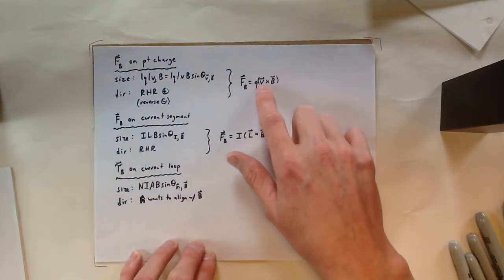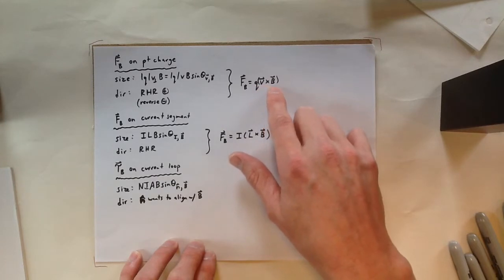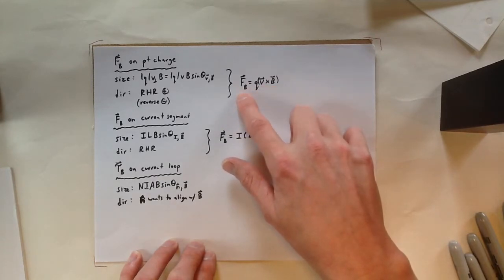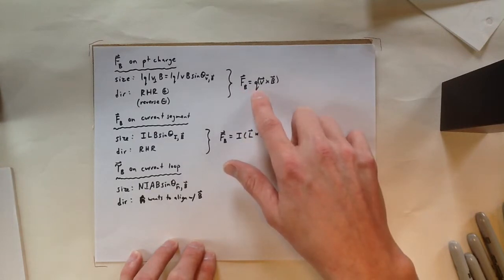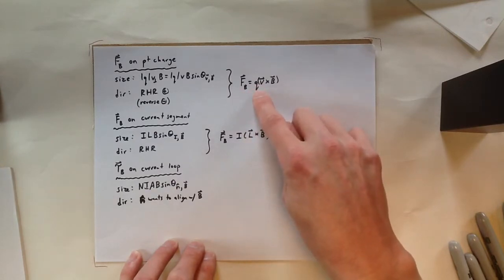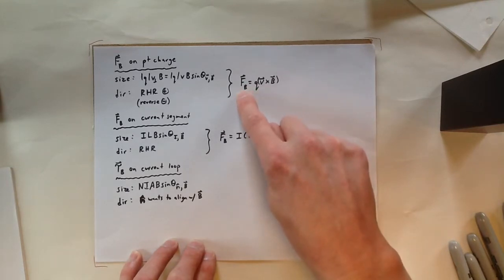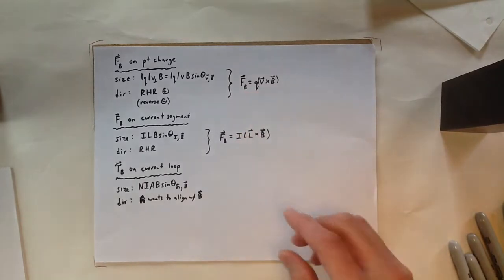So V vector cross B vector times Q will give you the force vector, and Q here, of course, doesn't have an absolute value sign. That will actually even flip the force for you. If it's a negative charge, then the force will be in the opposite direction than for a positive charge.